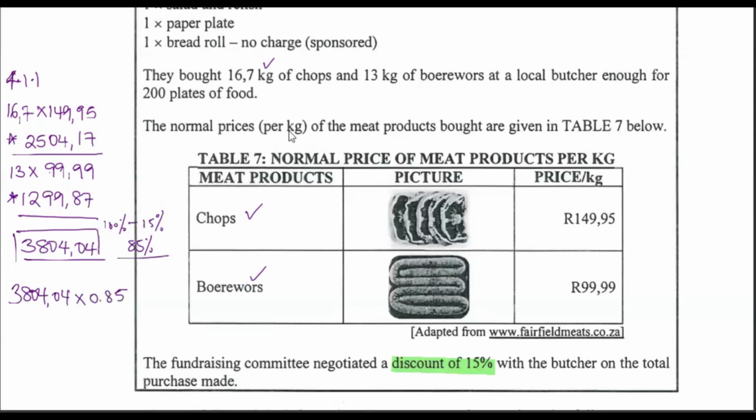It comes from this, so we are reducing. So the money they paid is 3,233 rands and 43 cents. That's how much they paid.